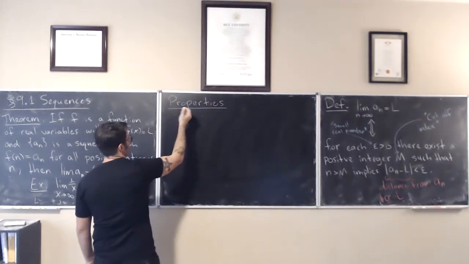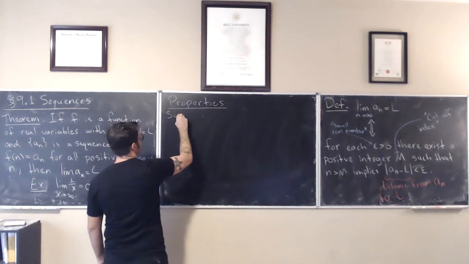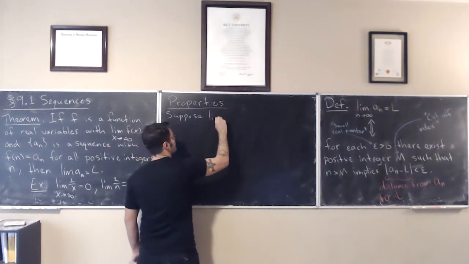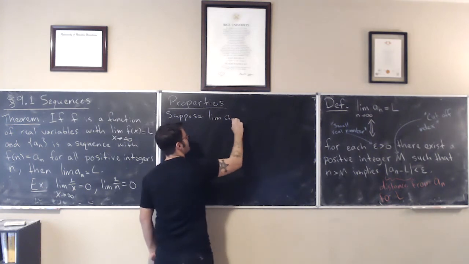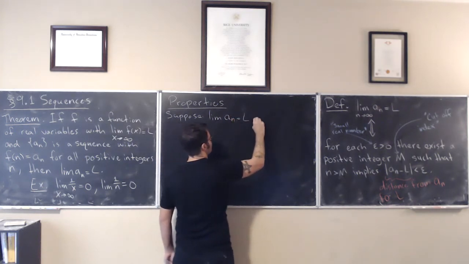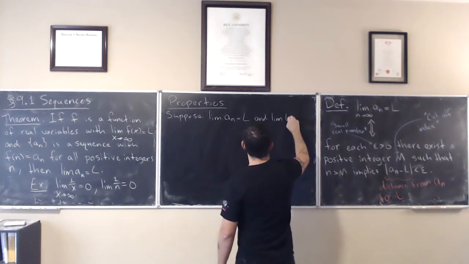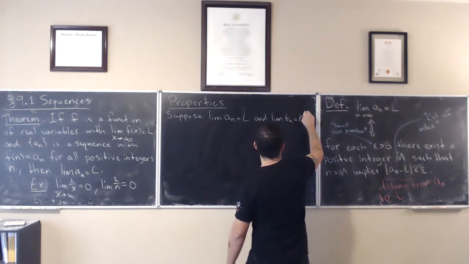Suppose the limit of a sub n is equal to L, and the limit of b sub n is equal to k.